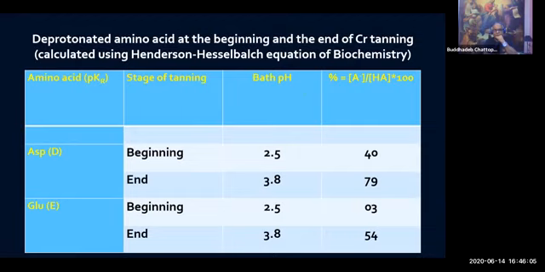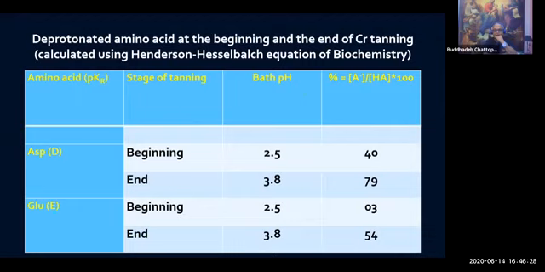That is capable of forming coordination with the chrome complex. At the end of chrome tanning, at pH 3.8, 79% of the aspartic acids are ionized and able to form ligands of the chromium.